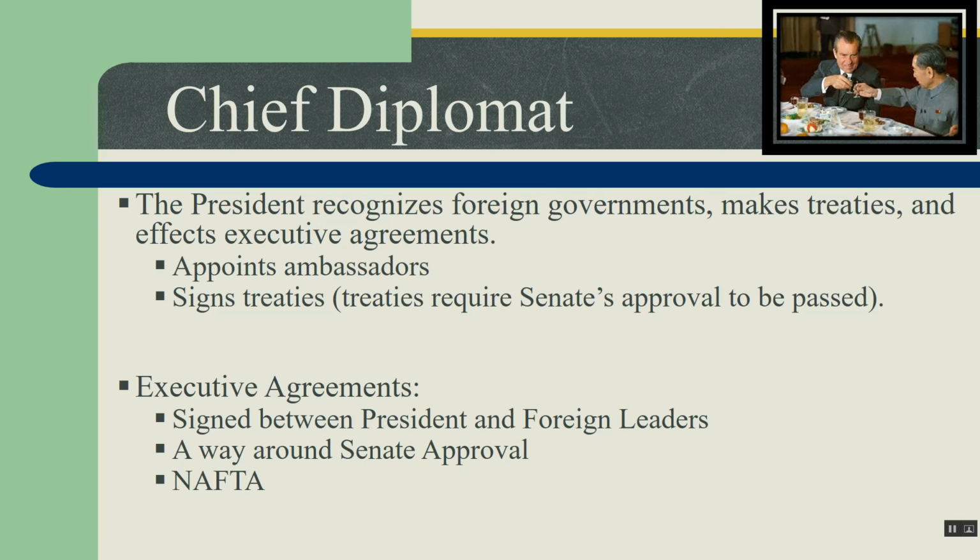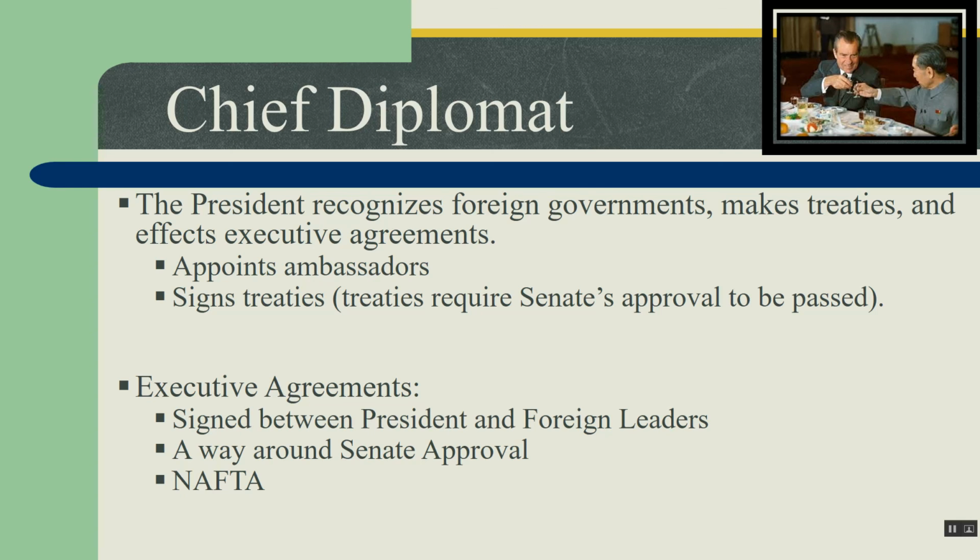The president recognizes foreign governments, he makes treaties, he effects executive agreements, he appoints ambassadors who represent us in embassies or in the United Nations, he signs treaties, and he is the one who tells the rest of the world what it can expect from us, as well as what we expect from them.